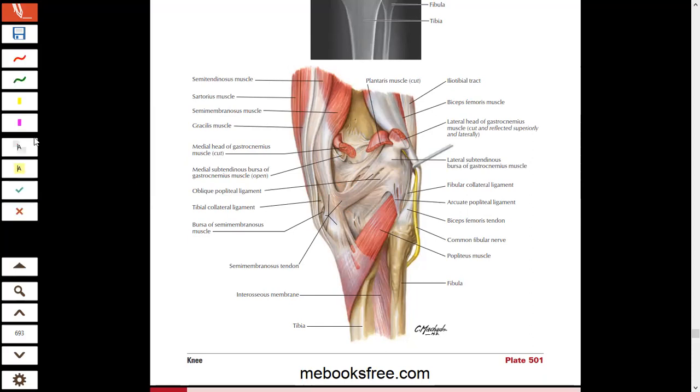So what is unhappy triad? Look at this. Unhappy triad means there is a rupture of the medial collateral ligament, there is damage to the medial meniscus, and there is damage to your anterior cruciate ligament.